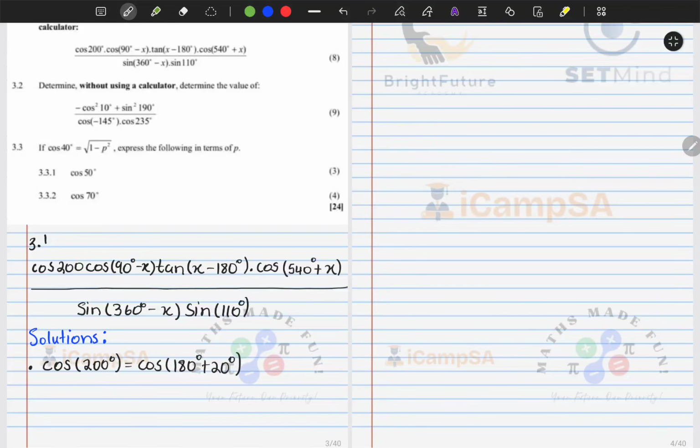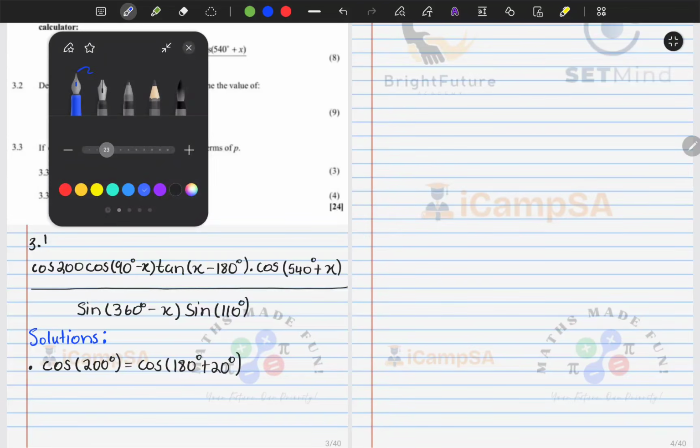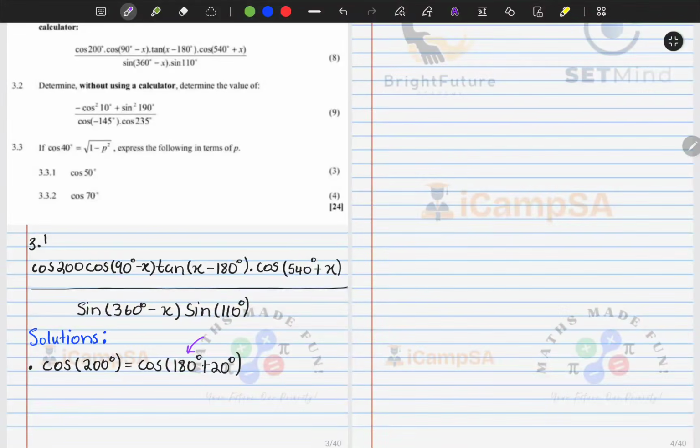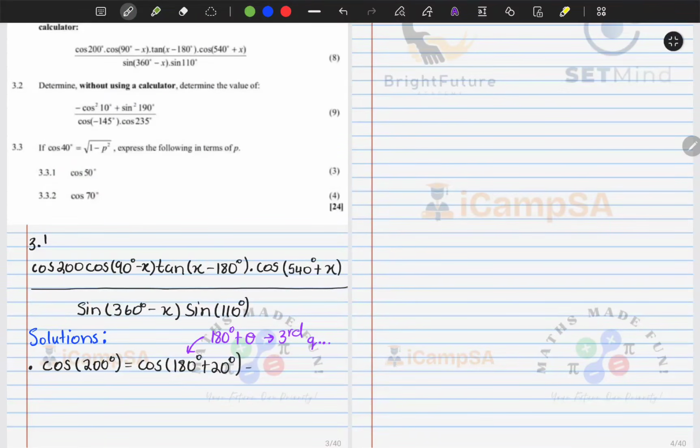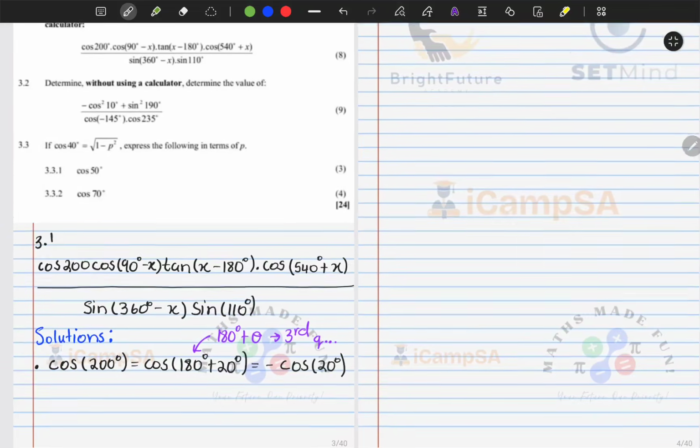We know that 180 plus theta is in the third quadrant, and in the third quadrant cos is negative. So we end up having negative cos of 20 degrees.